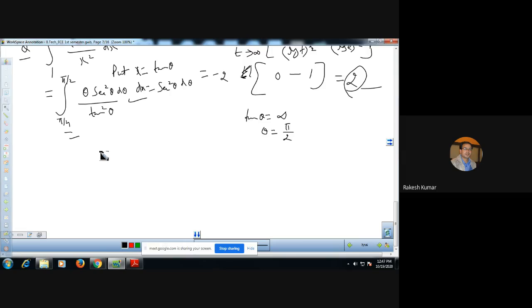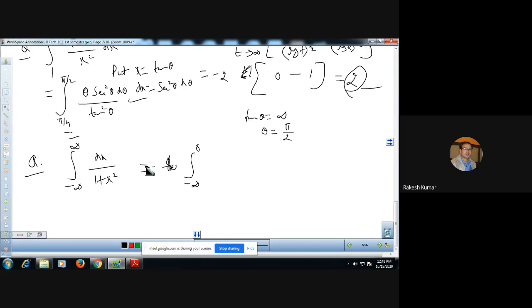You may have a question like this also, when both the limits are in terms of infinity. So this is minus infinity to infinity, and this is dx over 1 plus x square. You just apply the rules of integration done in 10 plus 2 class. You can split it into two definite integrals.